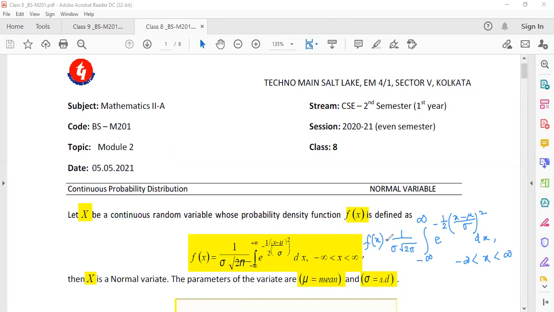I have properly written it over here so that misprints can be avoided. When I talk about the random variable, I'm using the sign capital X. But whenever I'm writing the probability function, I'm using small x. So be careful about that.